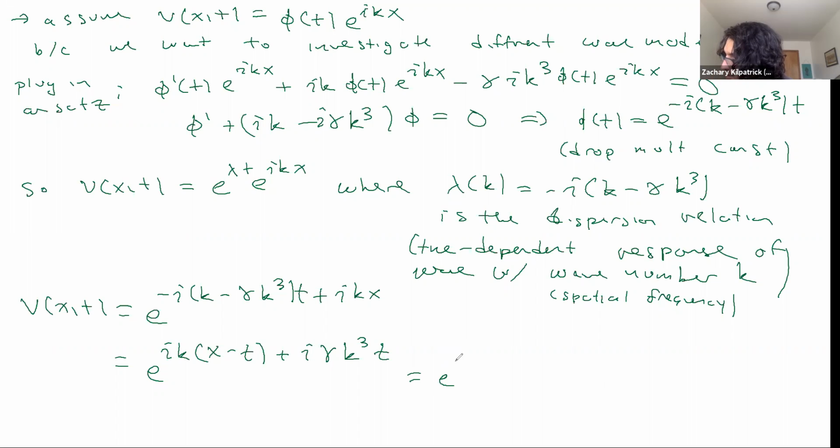Or in other words, this is equal to e to the ik, and now I'm going to put everything together. I have one part of this that's just t, but if I factor out an ik from this, then I get 1 minus gamma k squared times t.